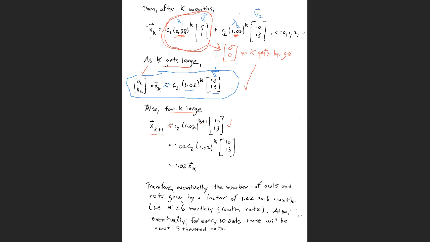But what I can do is rewrite this scalar, C2 times 1.02 to the k plus first power, as 1.02 times C2 times 1.02 to the kth power.